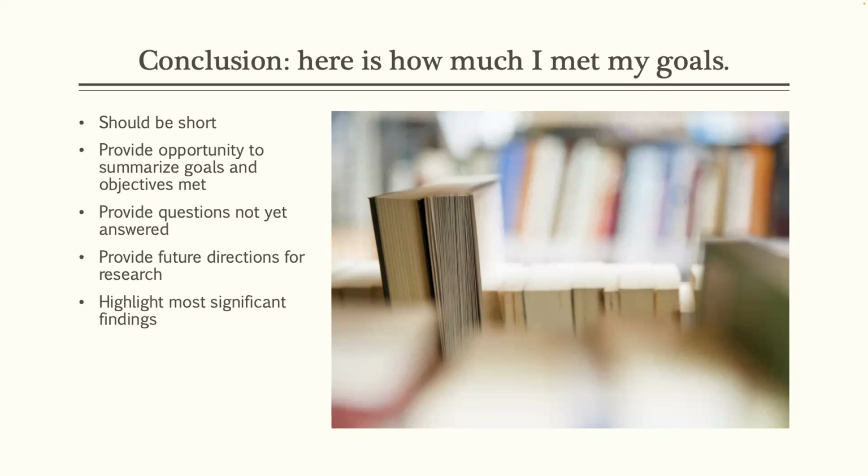It shouldn't be there. It should be in your conclusion. So propose future directions for solving this problem that you've looked at. And then once again, highlight your most significant findings.